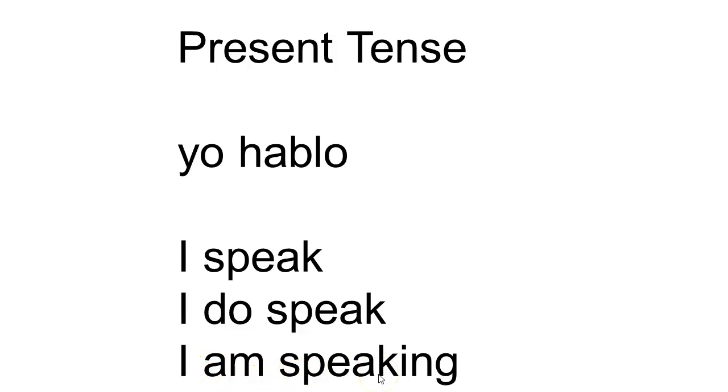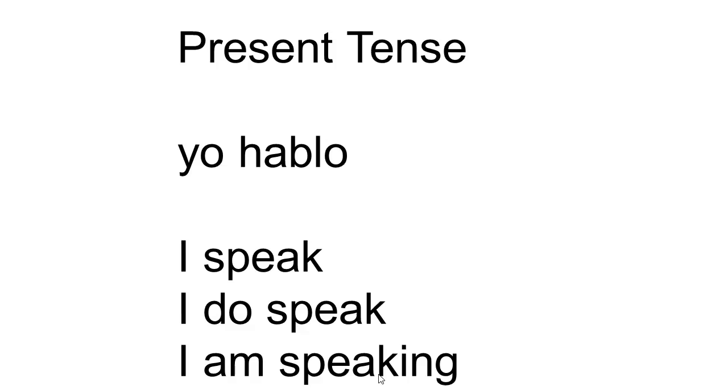So if you were to ask me, how do you say I am speaking in Spanish? I could say, well, you could do it one of two ways. You could use the present tense and you could say yo hablo. If you say yo hablo, usually we say a phrase like en este momento, at this moment. So if I say yo hablo en este momento, it would mean I am speaking right now.